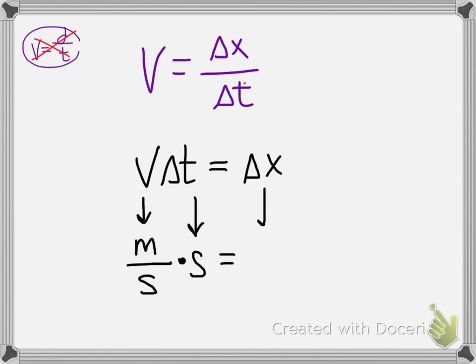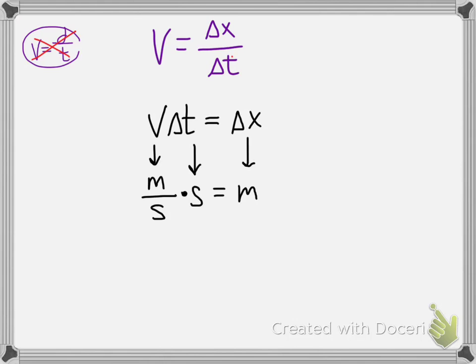And displacement is commonly in meters. So we're saying that meters per second times seconds equals meters. Well, if we actually walk through this and do the math, we get meters times seconds over seconds equals meters.